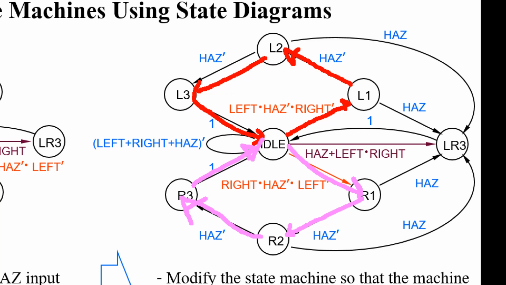So if you assign the state code for L1, L2, L3 by using gray code, namely only one bit different between these states, it may reduce the number of logic gates for next state logic or something like that.